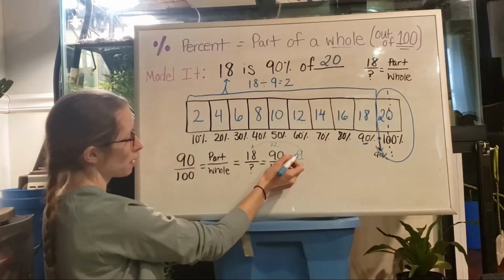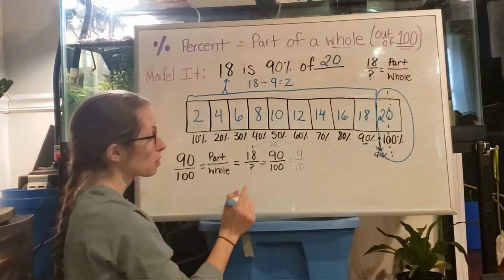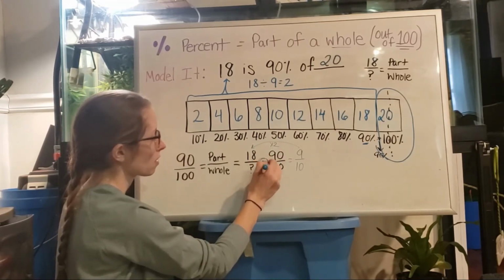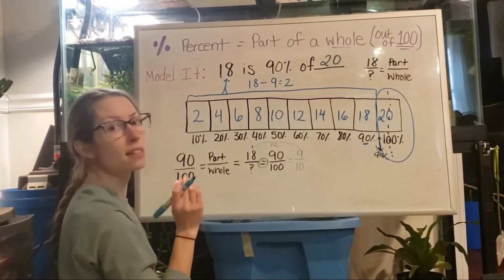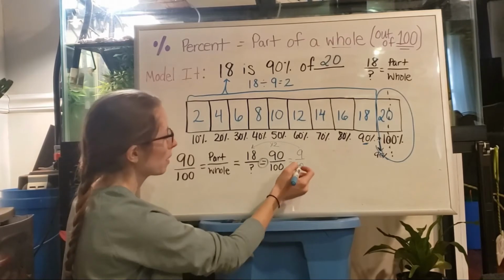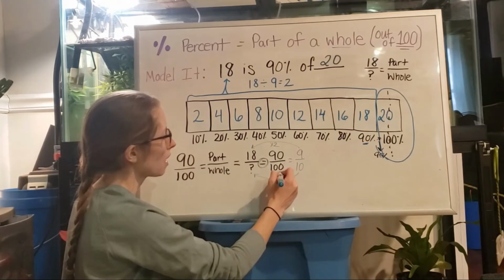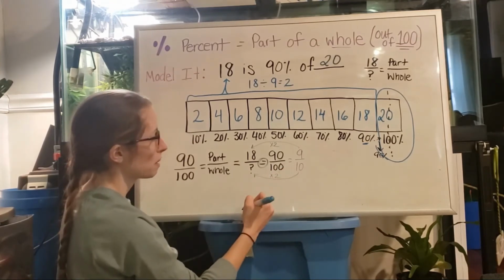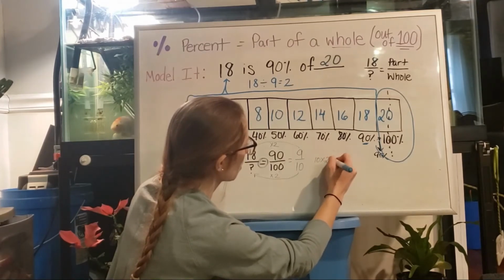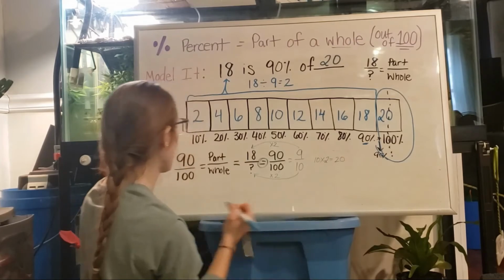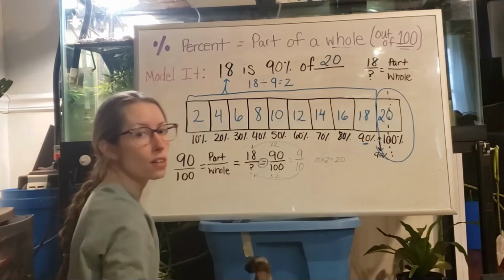So to get from the top numerator to the top numerator, I multiplied by 2, which means because we're working with equivalent fractions, to get from the bottom denominator to the other bottom denominator, I have to do the same thing that I did to the top, which means I'm going to take this 10 and multiply by 2. And of course, 10 times 2 gives me 20. So that's another way that you can solve this problem. But it's not the only way. So we've discovered 2 ways so far.